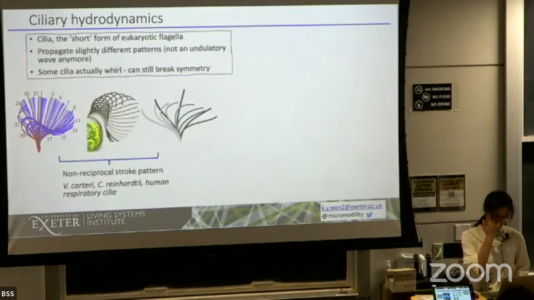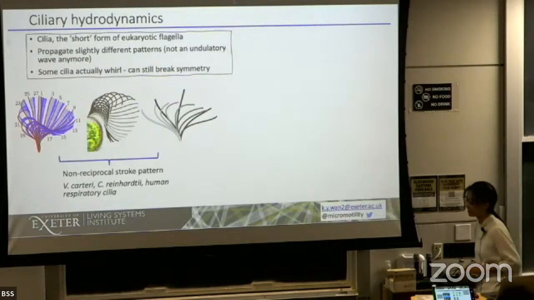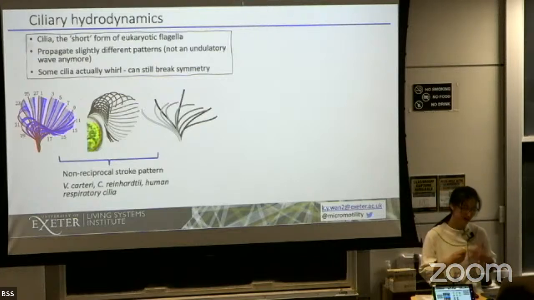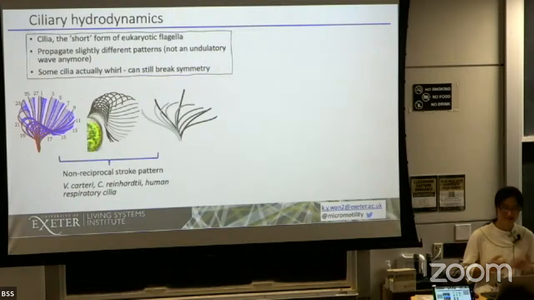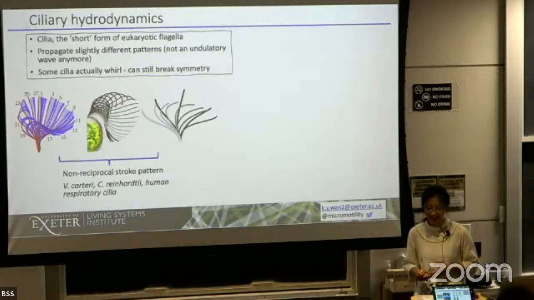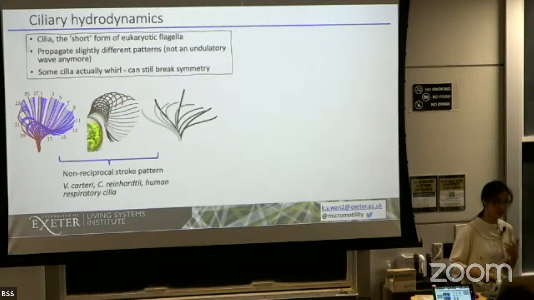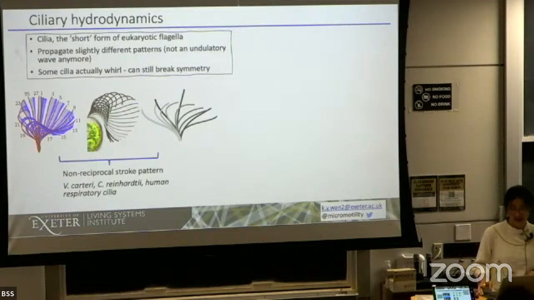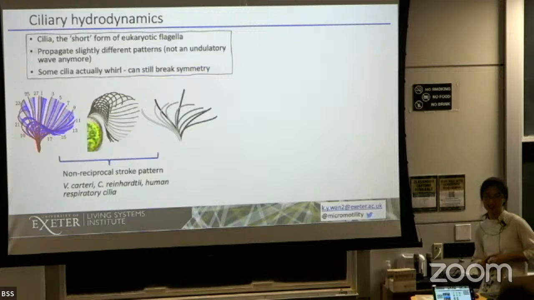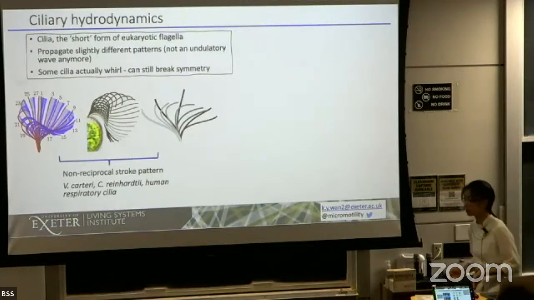Okay. So the summary for this first point so far is that you have to break symmetry with these appendages. So in the case of bacterial flagella, you break the symmetry by actuating a chiral object, such as a helical flagellum. In the case of an undulatory swimmer, like a sperm, you propagate a wave, which breaks symmetry.